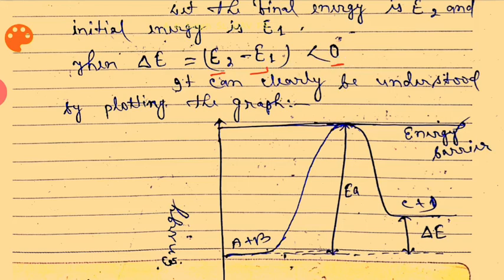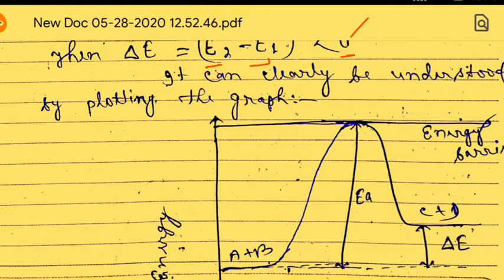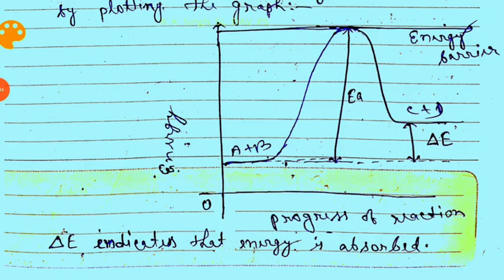No problem in it. Now it can clearly be understood by plotting the graph. On x-axis there is progress of reaction, on y-axis energy. Which energy? It is also potential energy. Now A and B are the reactants, C and D are the products.